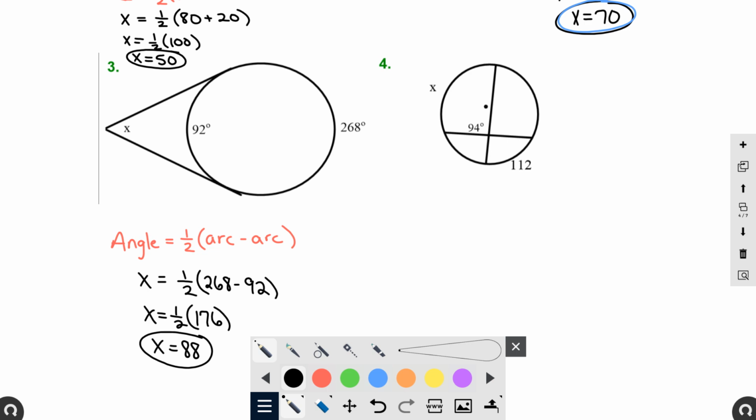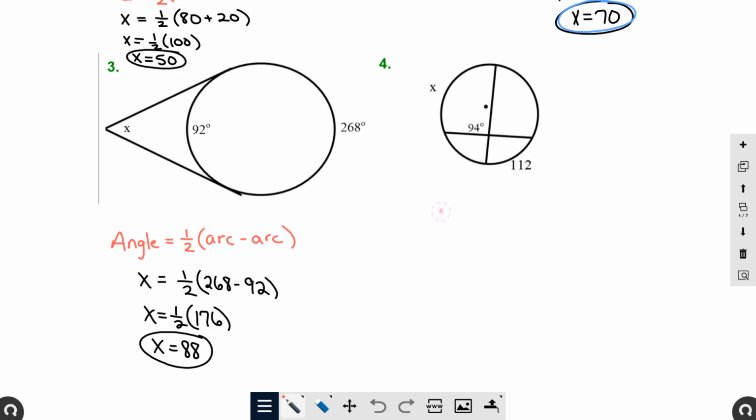All right, let's go to problem 4. Now, first, is this an add problem or a subtract problem? This is an add problem because we got 2 chords and they're in the circle, right? So this one is going to be angle equals 1/2 arc plus arc.